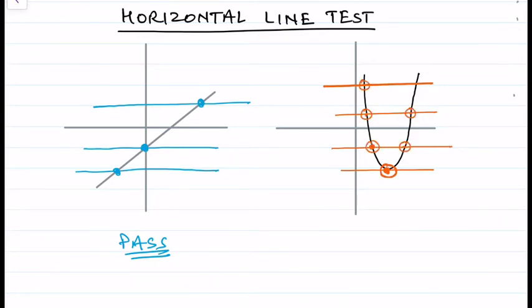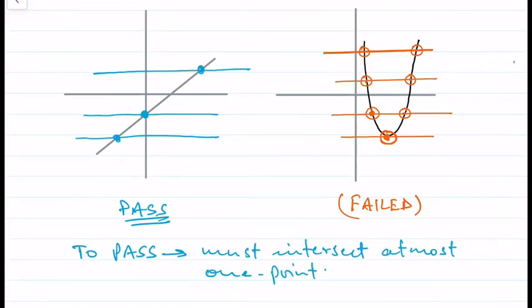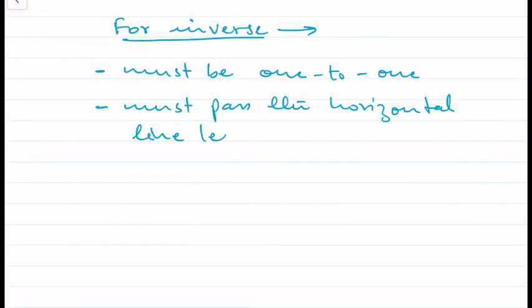This means the horizontal line test does not hold, so this curve will fail the horizontal line test. To pass the horizontal line test, it must intersect at most one point. So for an inverse, it must be 1-to-1 and must pass the horizontal line test.